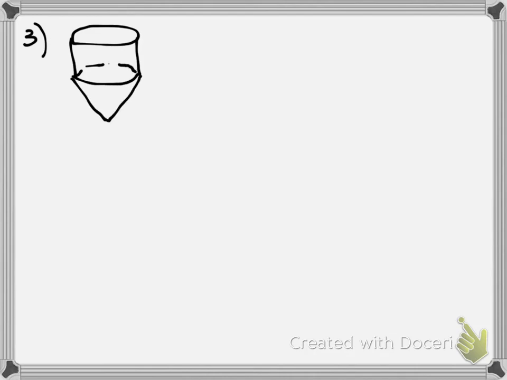So we've got a shape here. So they tell us that the dimension across is 8 feet. From the top of the top shape to the bottom of the top shape, they say it's 4 feet.